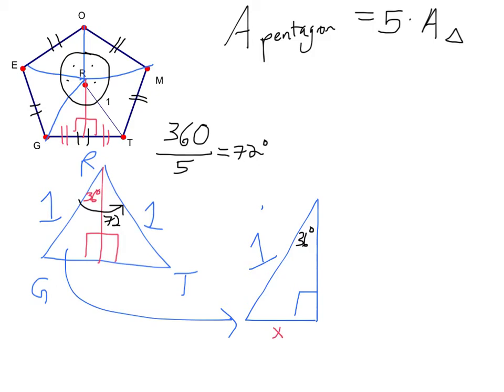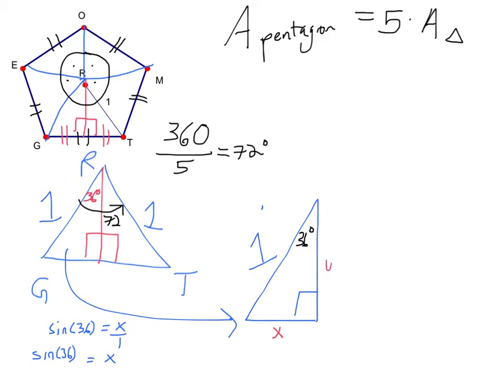If I wanted to get x, I could use, you should be a pro at this, sine. The sine of 36 degrees is going to be the opposite over the hypotenuse. If you clean that up, isn't x over 1 just x? So I don't even have to do any cross multiplying here. X is just going to be the sine of 36, and we'll figure that out in the calculator in a moment.